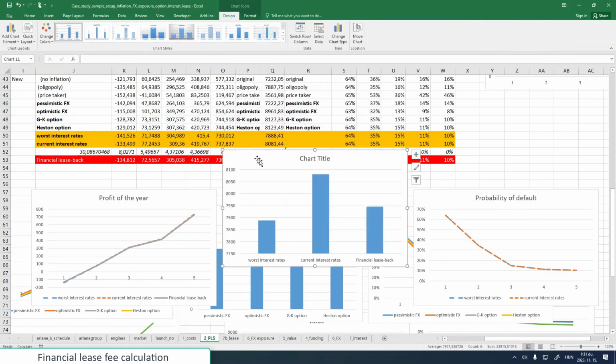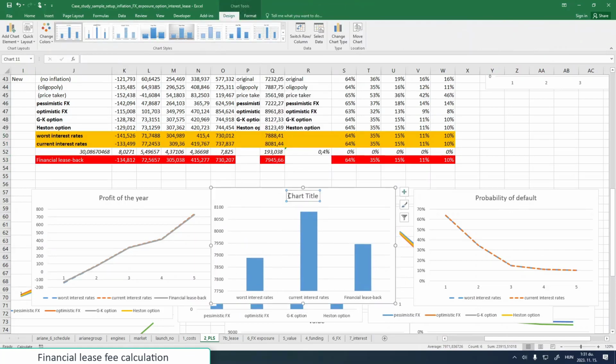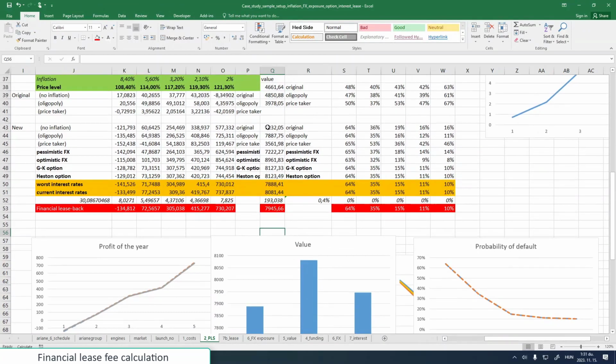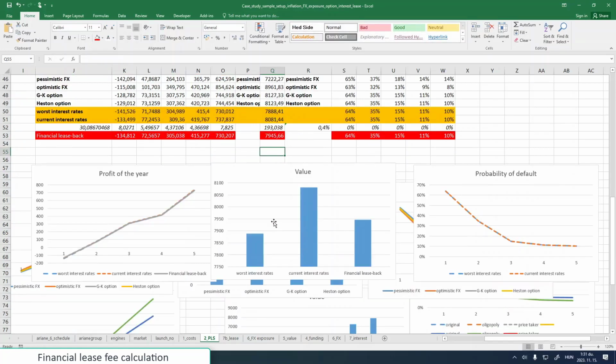We are doing the same thing here. Value, and we also know that the minimum value will be the original one here.